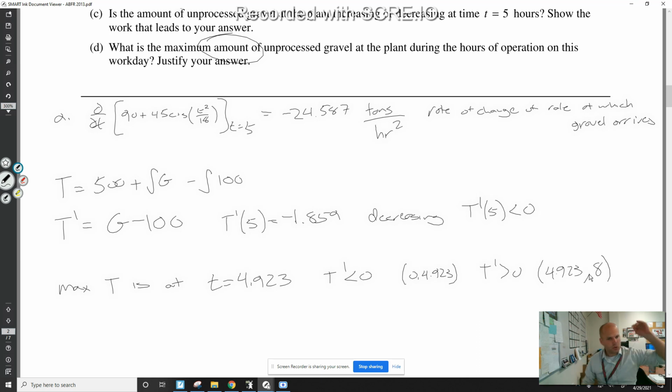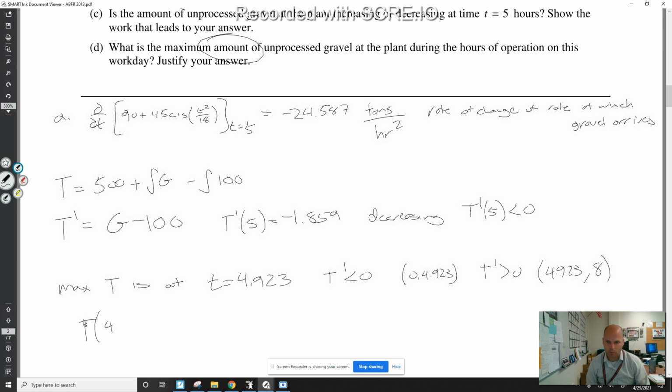That's it. You covered the entire interval. You know there's not another candidate. This is telling me that T is decreasing, then T is increasing. The people grading this know that if you write this, you know that T is decreasing and then increasing. This is all you need. Now all you need is the value.